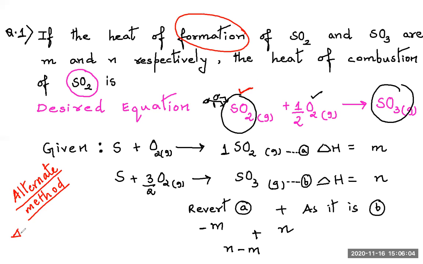So delta H for the desired equation when formation is given is HP minus HR, that is, enthalpy of product minus reactant, summation product minus summation reactant. So children, the product is SO3 and the SO3 value is N. So it becomes N minus M. So anyway, you can solve it. This is the answer. I hope it is clear. This is a much easier method, of course, but to understand this method finally, you should understand this part also. You should know all the methods.